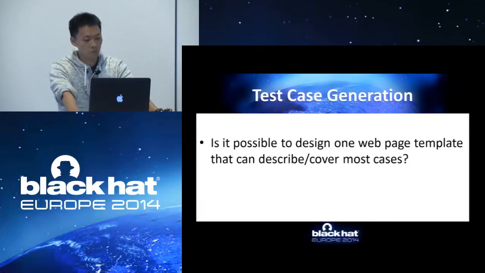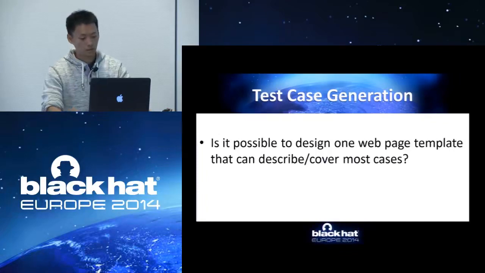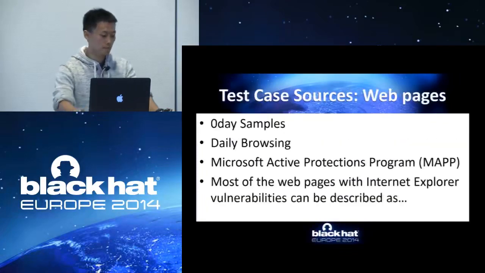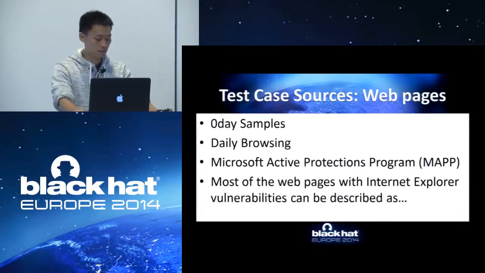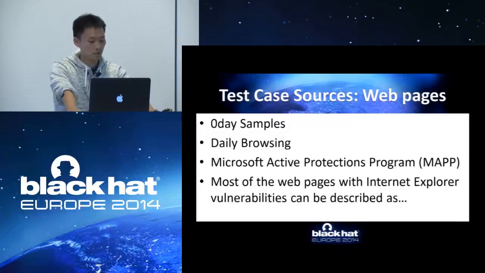The value of this universal template is that it can greatly reduce the complexity of test case generation. So we studied many zero-day samples, we studied daily browsing web pages, and we studied MAPP POCs. And we concluded that most of the web pages with Internet Explorer vulnerabilities can be described as the following template.